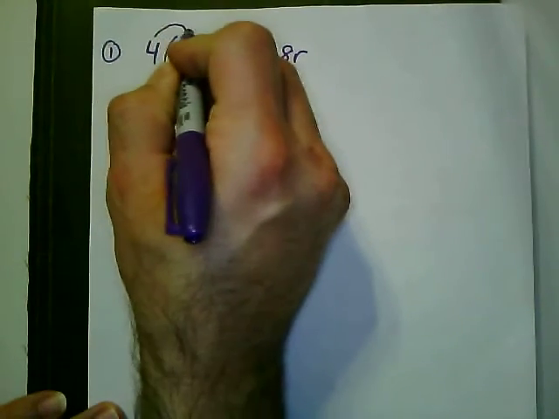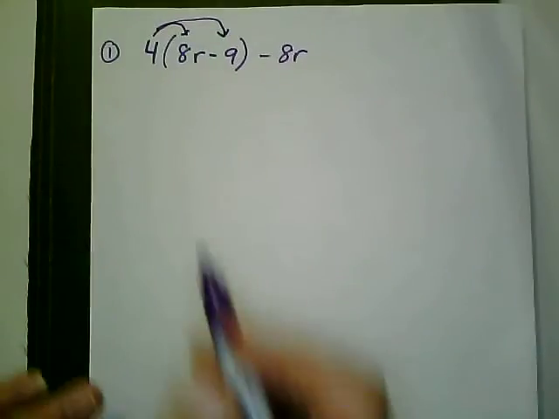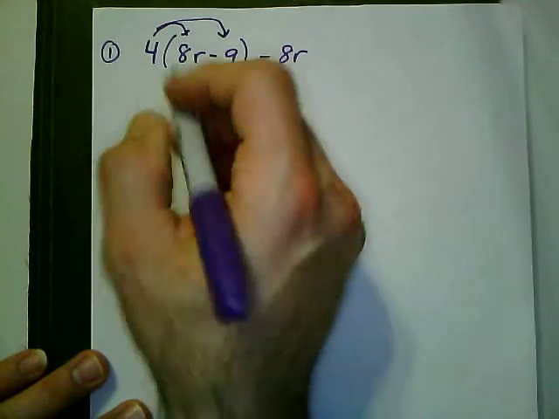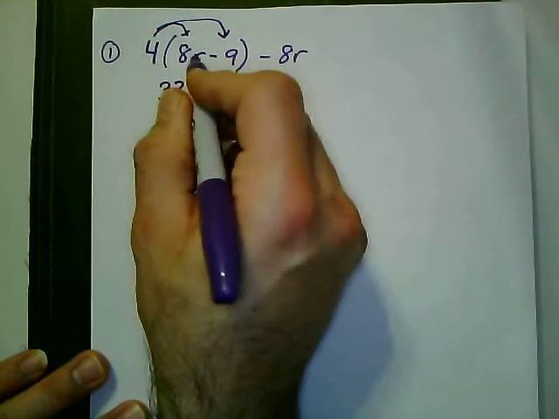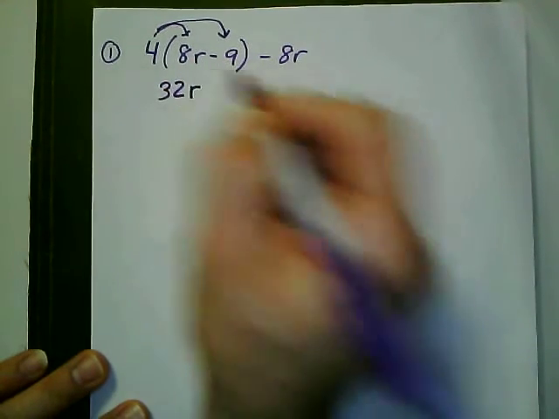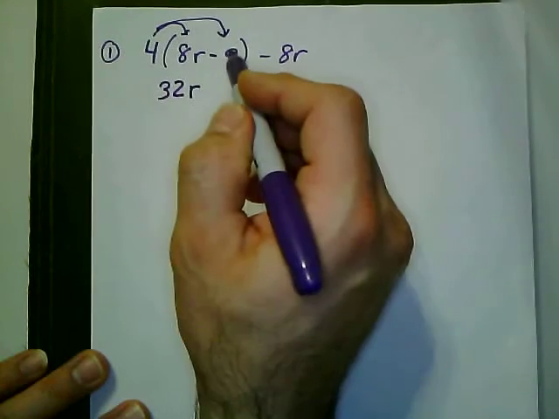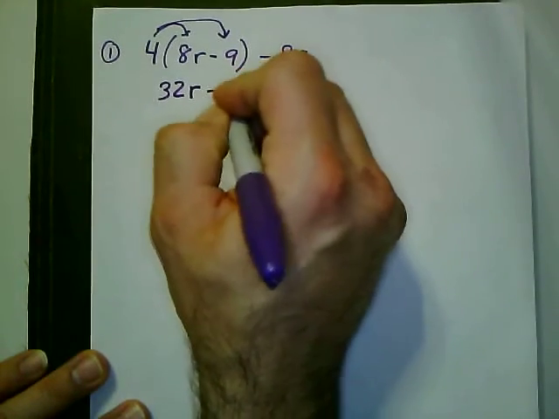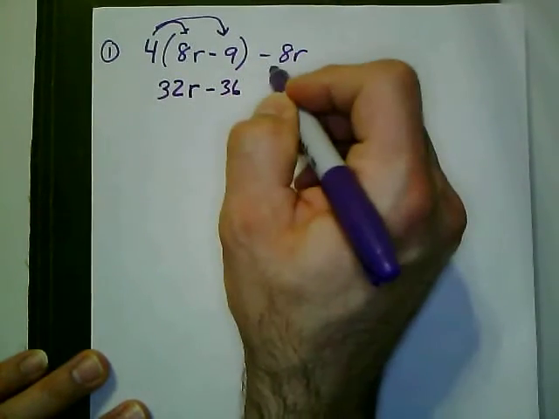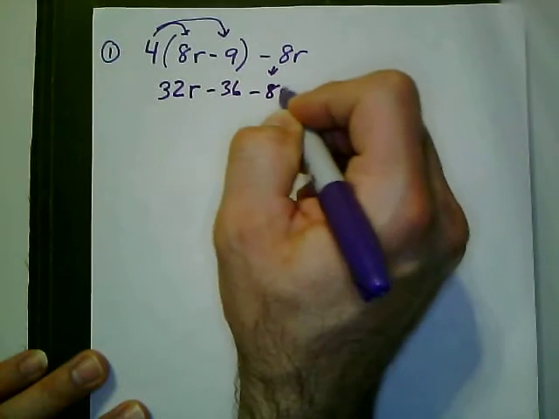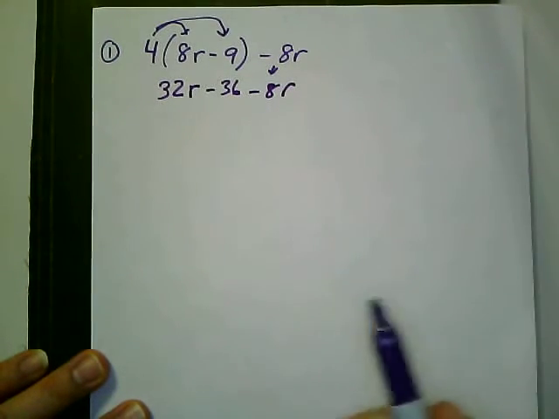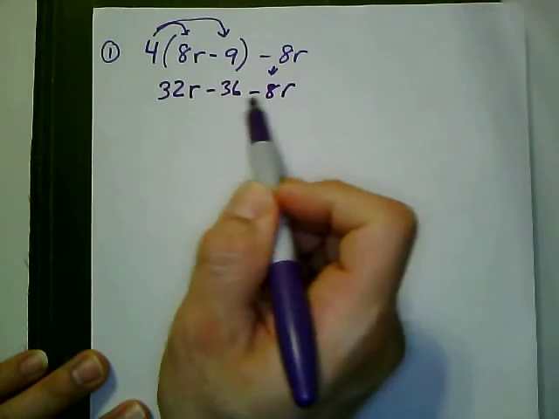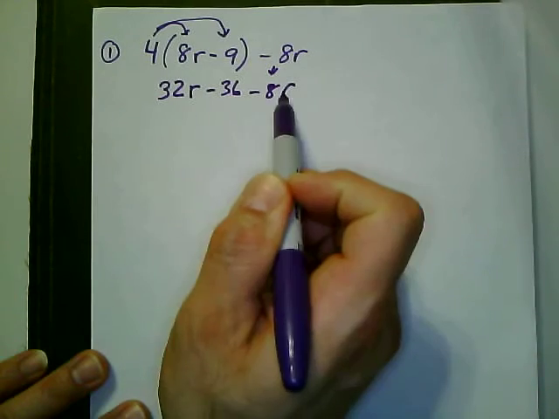So we're going to distribute. That's that 4. We'll distribute to the 8r and the negative 9. So 4 times 8 is 32, and together they have 1r, so we add the r's together. 4 times negative 9 is negative 36, and we just bring that down as negative 8r. And then we combine like terms. What are like terms? Well, the ones that have an r, the same variable.